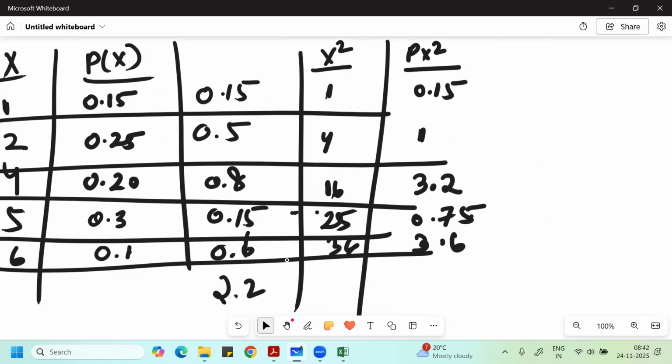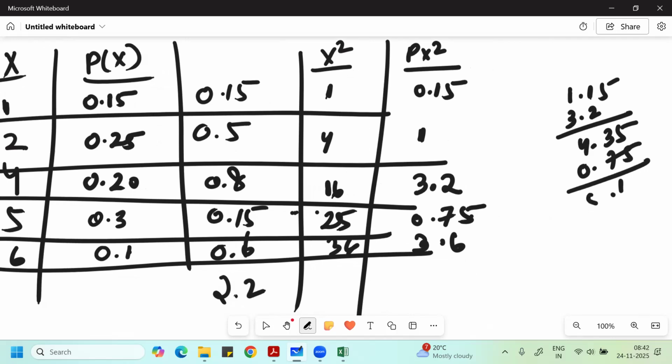So this is 1.15, and then 3.2, this is 4.35, then 0.75, this is 5.1, and then 3.6. You'll get 8.7.